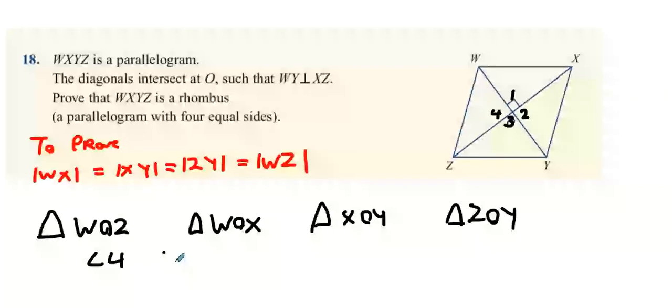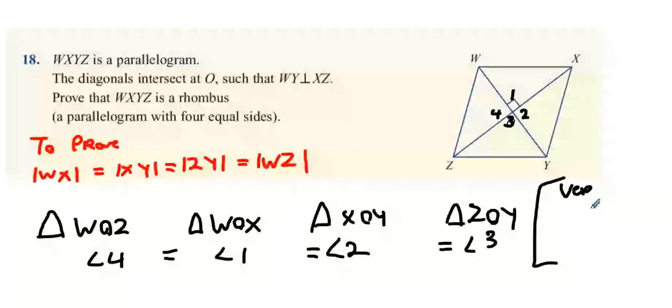Angle 4 equals, what's the one in WOX? 1. What's the one in XOY? And what's the one in ZOY? 3. Now what do I need to write there as the explanation? Vertically opposite and straight angle must add to 180. Is that okay?